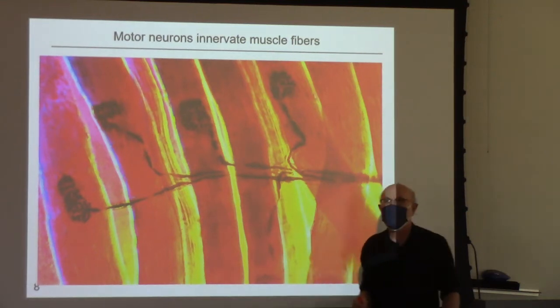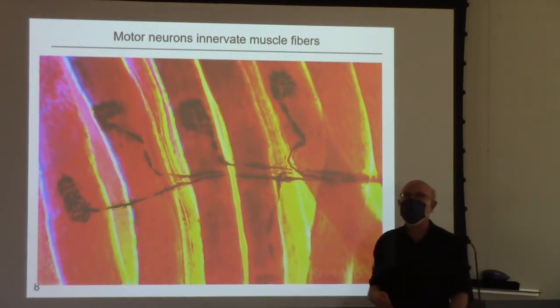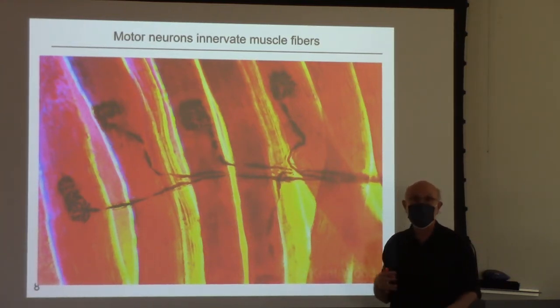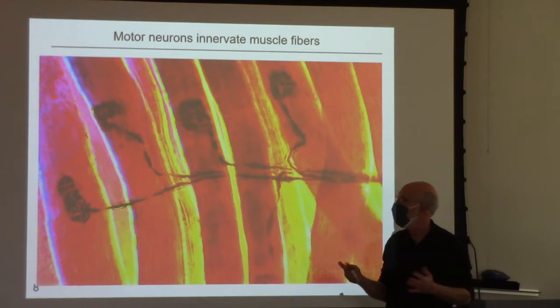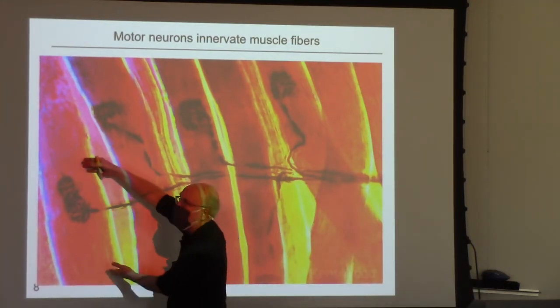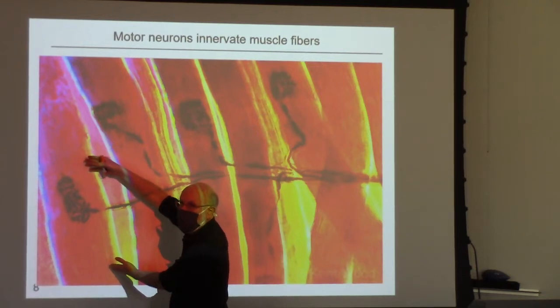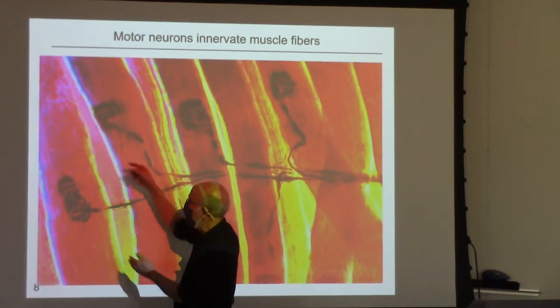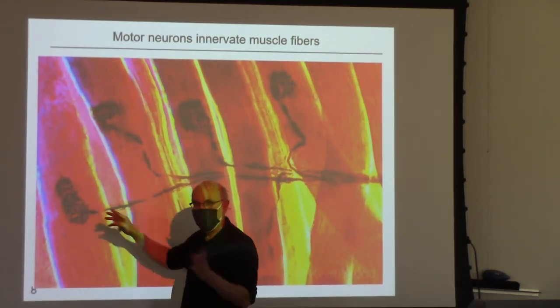Each muscle fiber receives innervation from one motor neuron, and there's one synapse. So this synapse, which tells this cell to contract, has to do so by an action potential. We're going to review this in a minute.